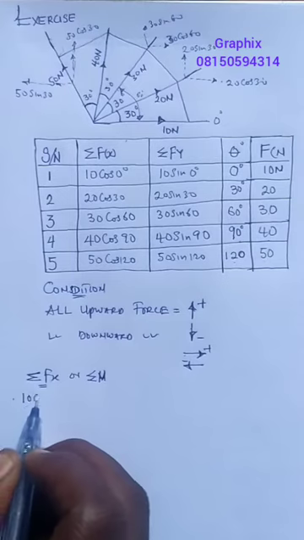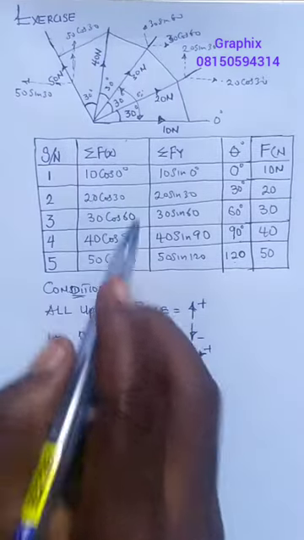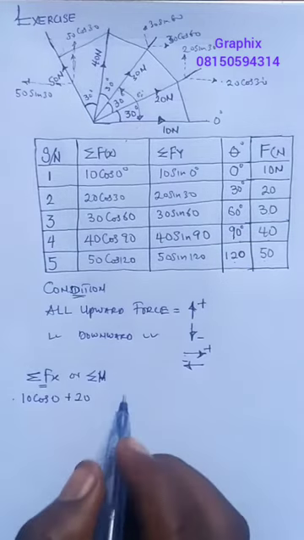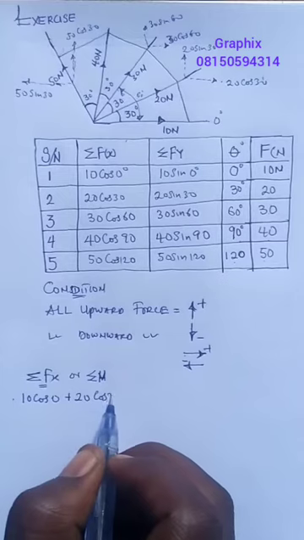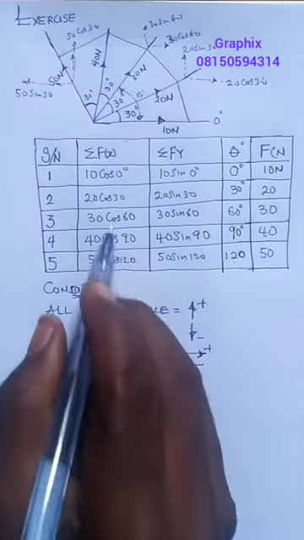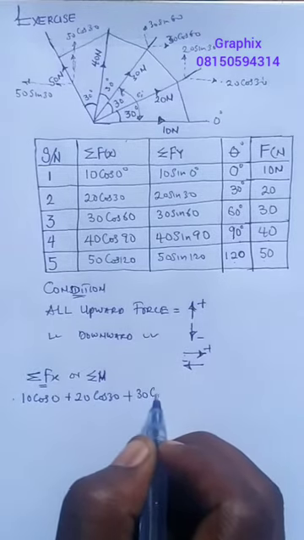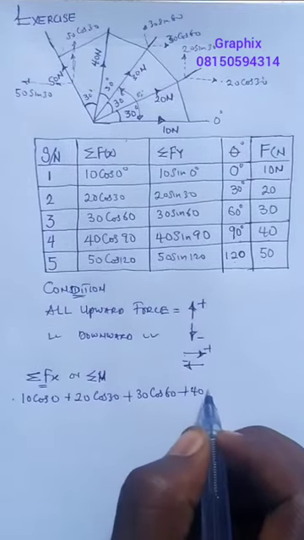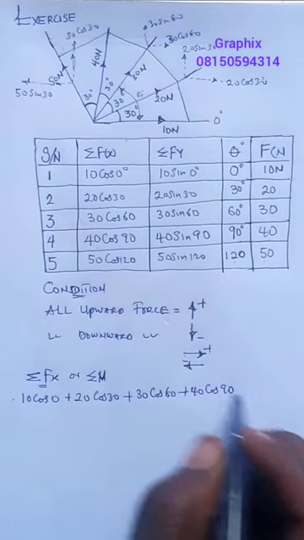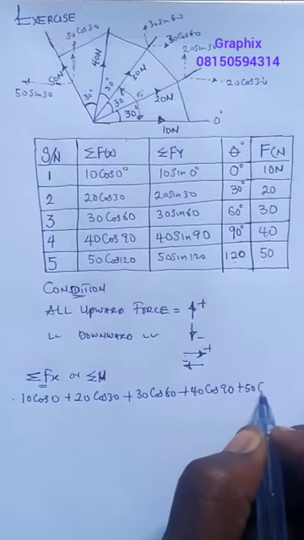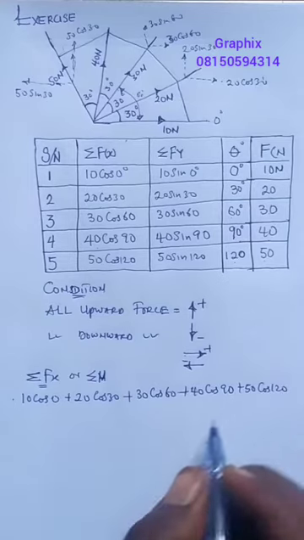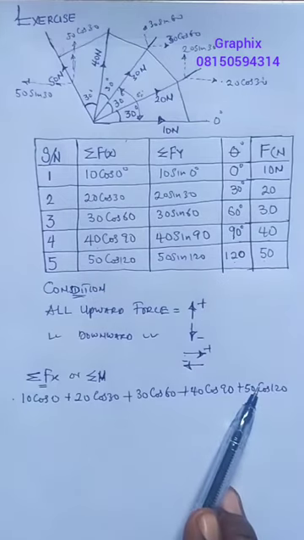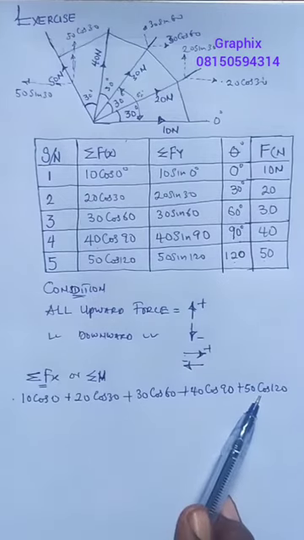We have 10 cos 0 plus 20 cos 30, plus 30 cos 60, plus 40 cos 90, plus 50 cos 120, or you can say 50 sine 30. Either 50 cos 120 or 50 sine 30 will still give you what you want.